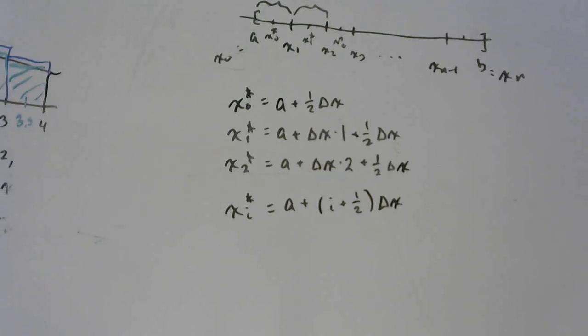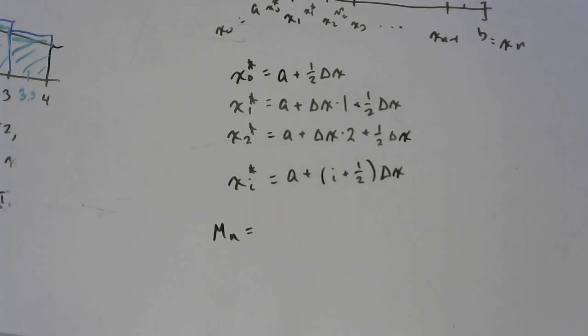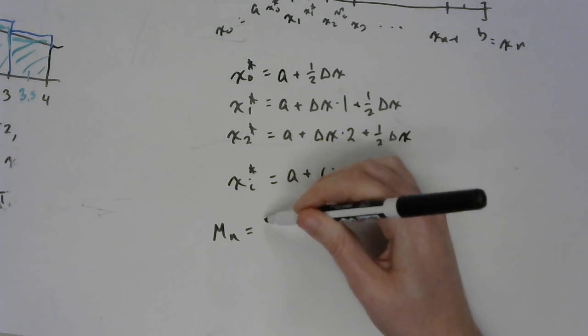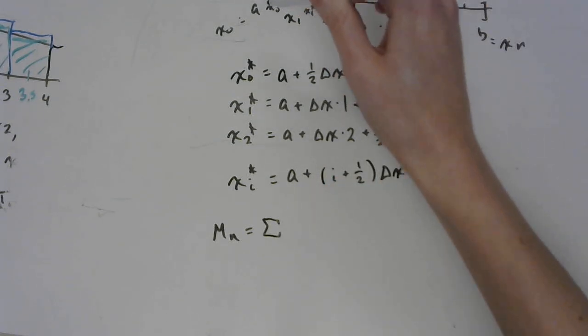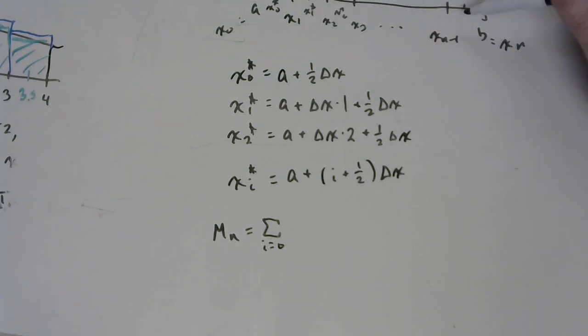Now if I want my midpoint sum with n subintervals, I started with the midpoint of my 0th interval, the way I denoted this, so I'll start with i equals 0. I'm going to end with the midpoint of my n minus first interval, which would have been x sub n minus 1 star.